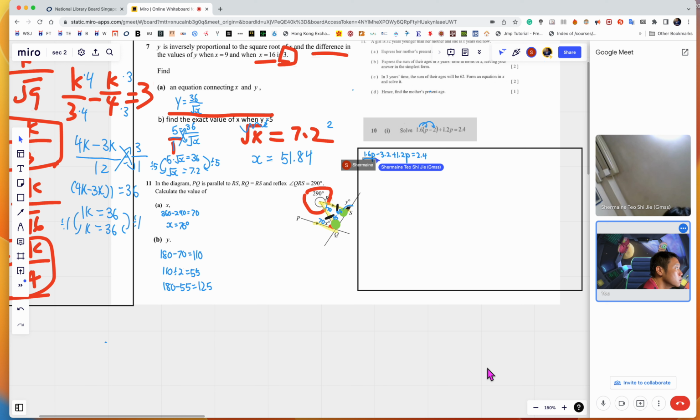Underline similar terms. Move. Remember when you move, what you need to do? What you need to do when you move? Correct. If you move over, change the sign.